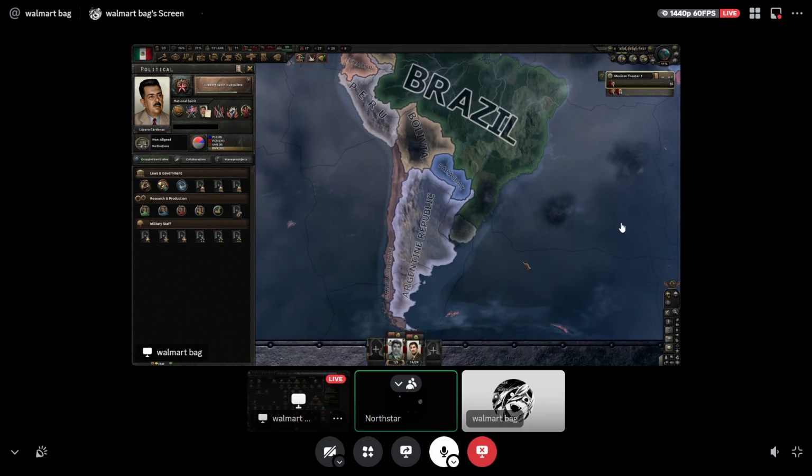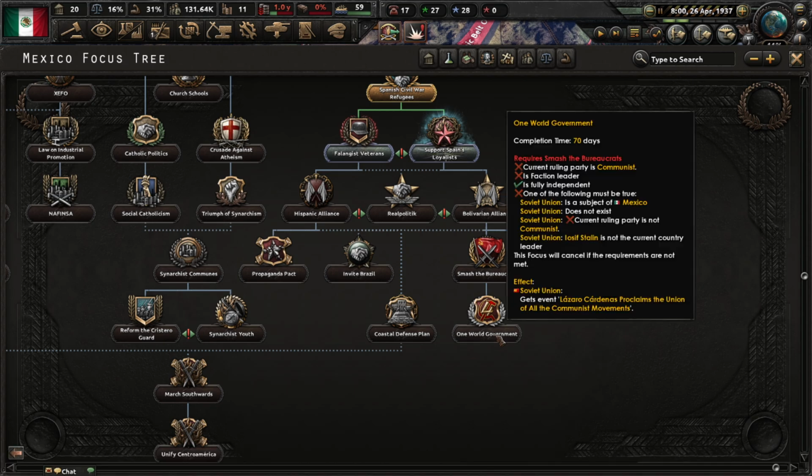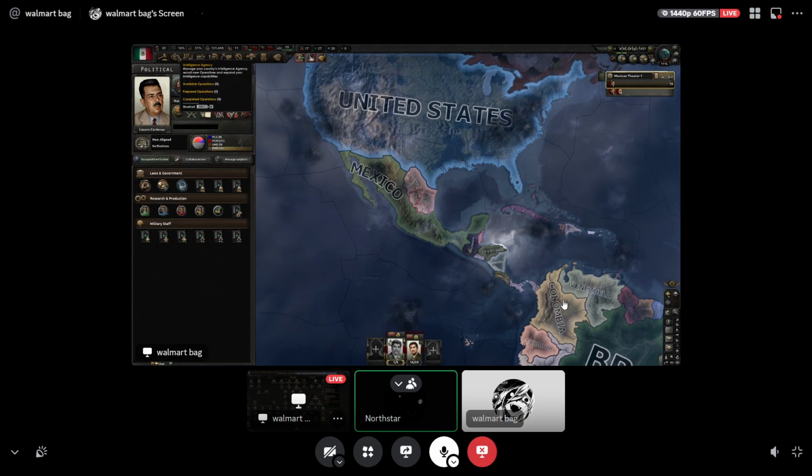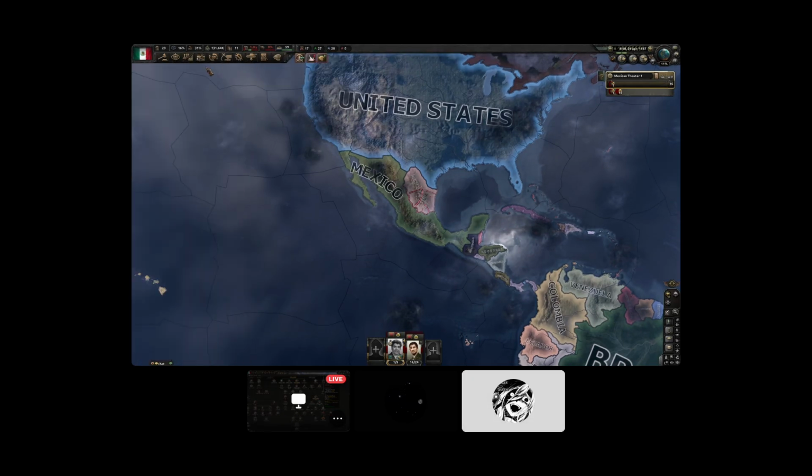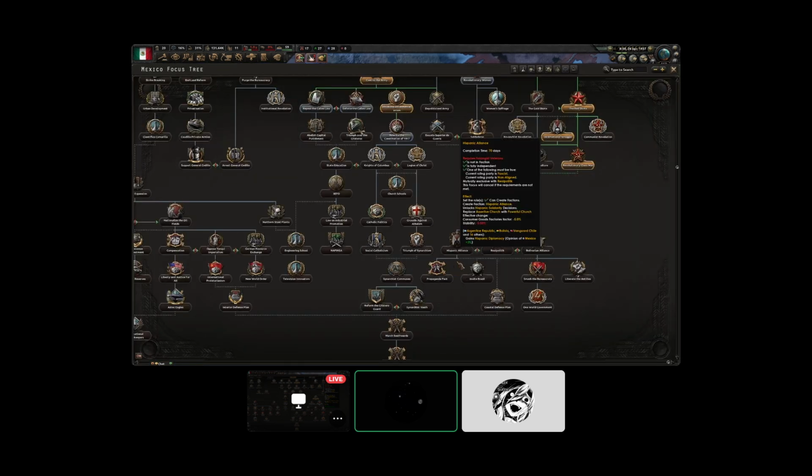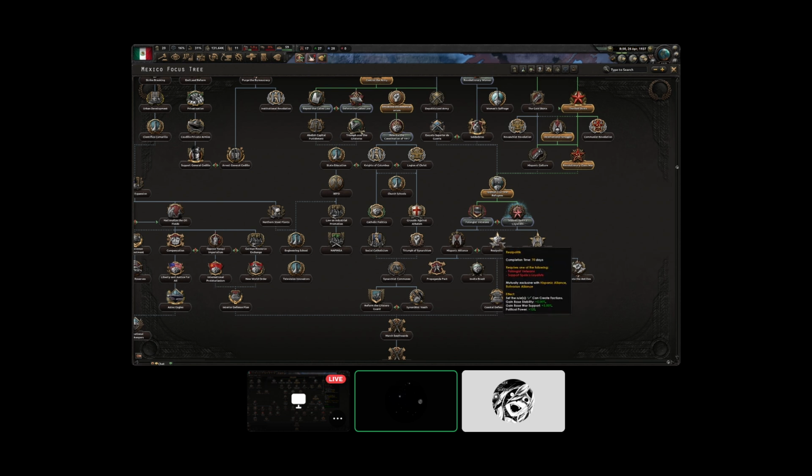If you go over to the focus tree again, the difference between the two focuses, Bolivarian and Hispanic alliance, and these are both create-your-own-faction type things, which I guess would mean the United States would need to join your faction.